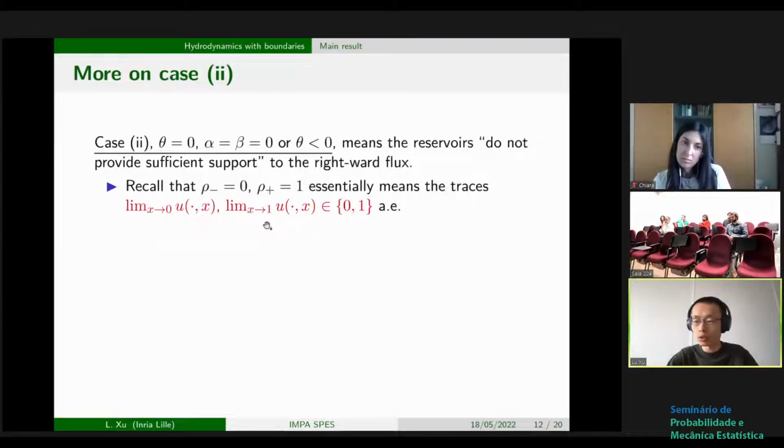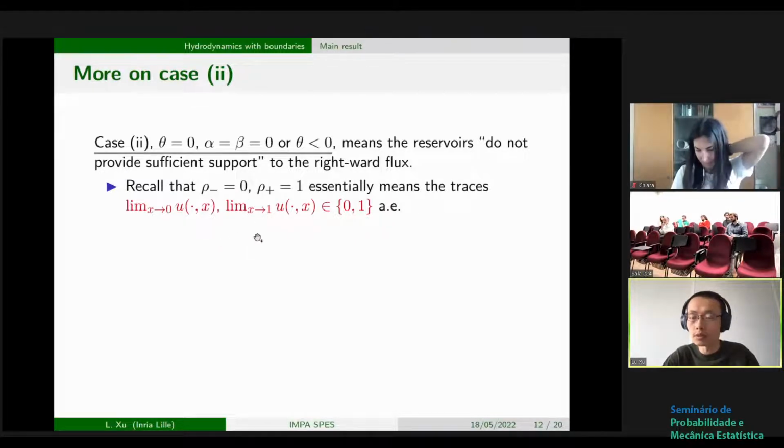I didn't write anything here, but I can just explain in words. Suppose we start with a configuration that has a lot of particles near the left boundary. The particles cannot enter from the left, but they can still go out from the left. Then it will create a very small piece of empty sites near the left boundary. However, because the flux is to the right, this small piece of empty sites will be blocked by the flux.